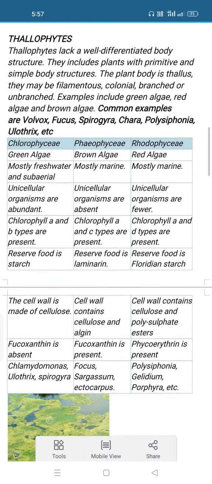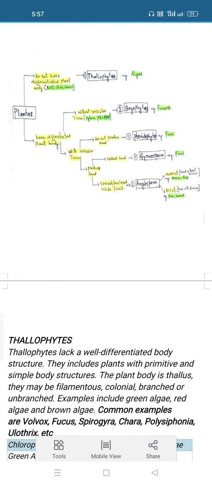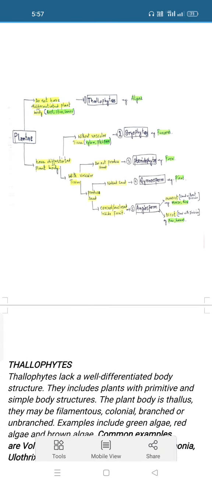And now coming to the next one, plants which have a differentiated plant body with vascular tissue but do not produce seeds belong to pteridophytes. The common example is fern. They have a well differentiated plant body with root, stems and leaves.